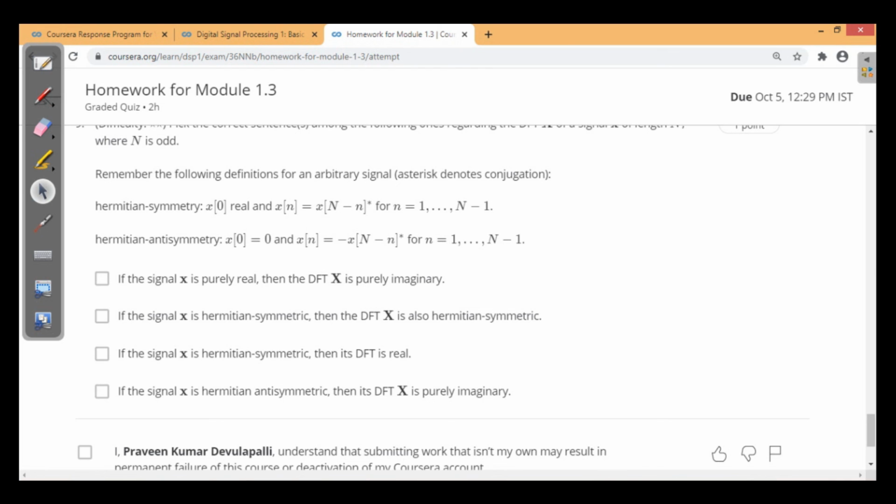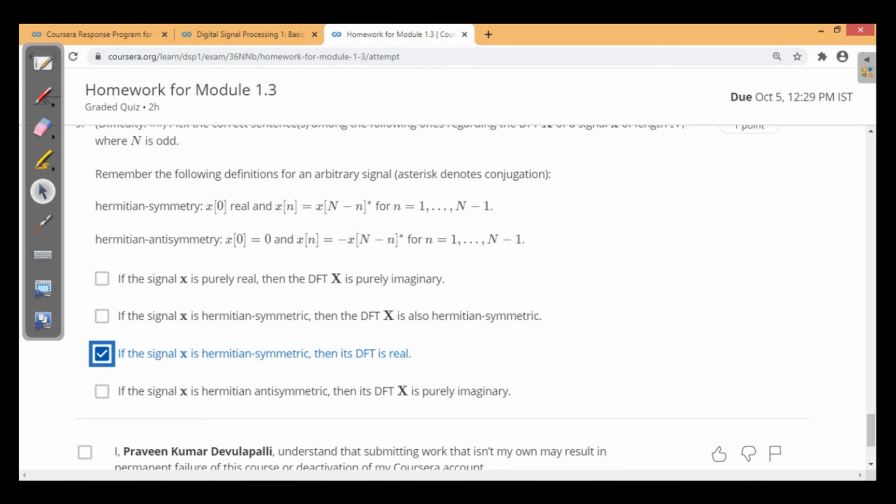Hermitian antisymmetry is x of n is equal to minus the complex conjugate of x of N minus n. So the discrete Fourier transform of a Hermitian symmetric signal is always real, which we already studied. One of the DFT properties is that the discrete Fourier transform of the Hermitian symmetry is real, and the discrete Fourier transform of Hermitian antisymmetry is purely imaginary.